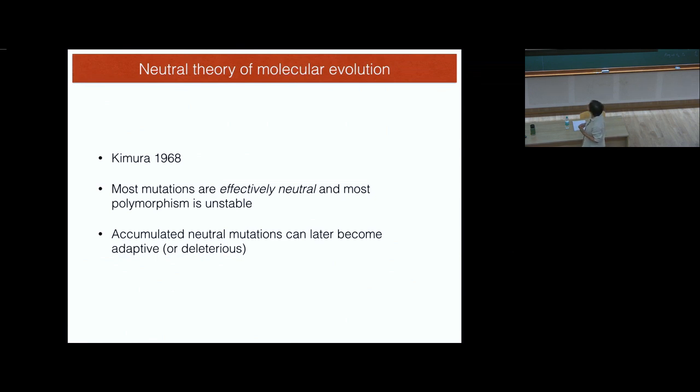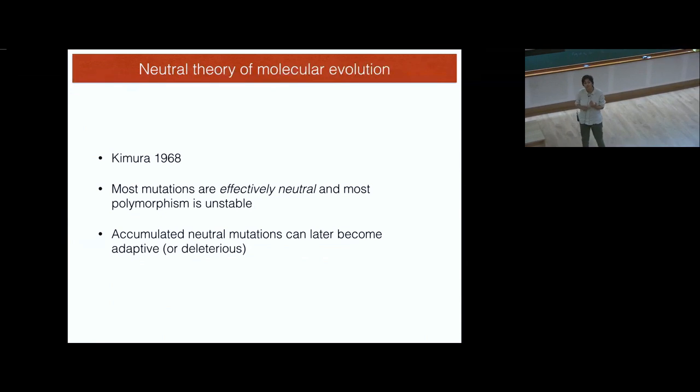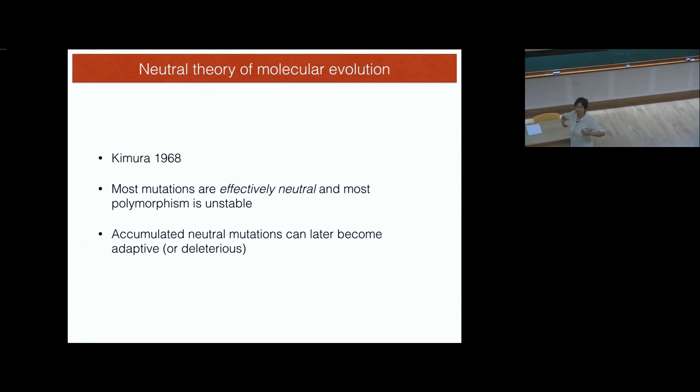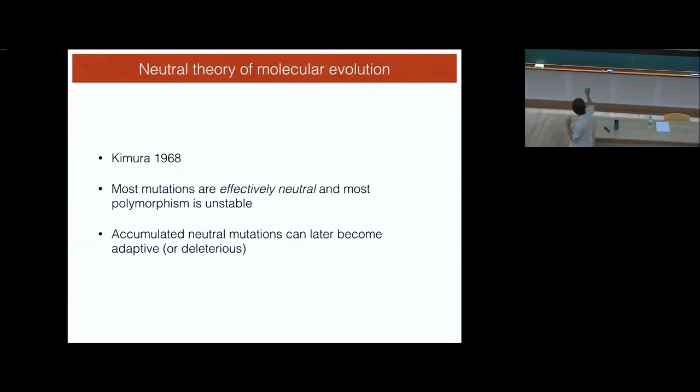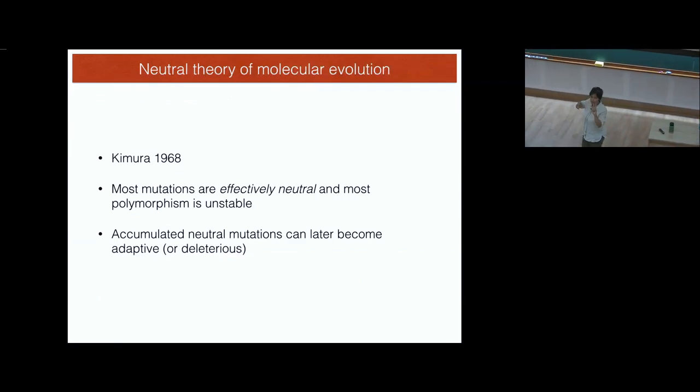Okay, and what is he saying effectively? That most mutations are effectively neutral and most polymorphism is unstable, in the sense that new polymorphism is constantly being generated, because most of the variants we see are acting effectively neutrally. And I like to make two distinctions here.